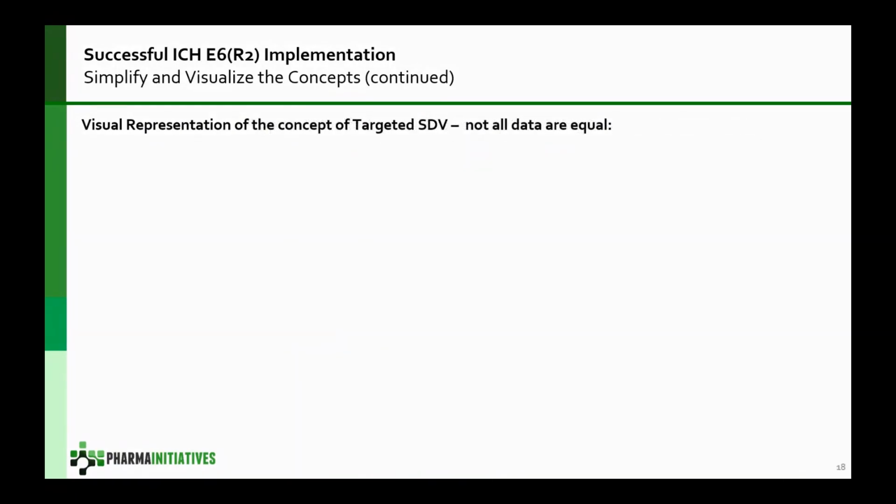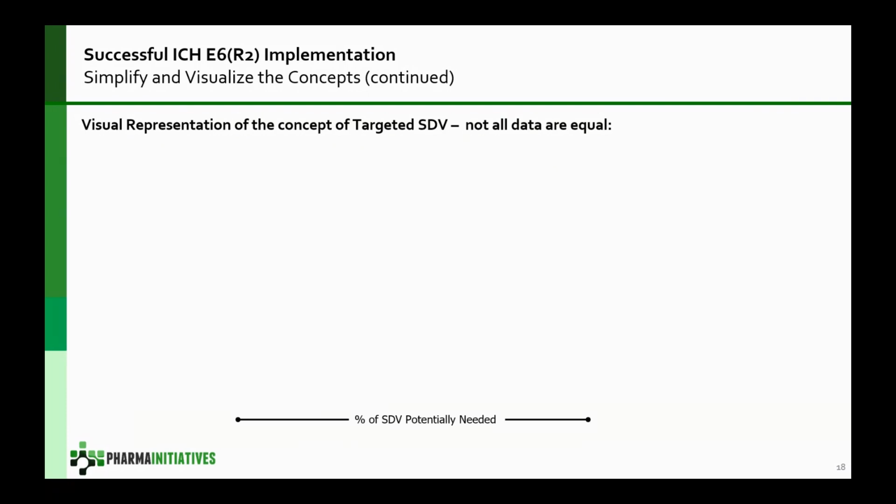And then the final one I'll share with you is this idea around targeted SDV, because that is where, for a lot of people, the rubber meets the road in E6R2. A lot of our staff are monitors, and they're out there doing this work, and they need to understand this concept.